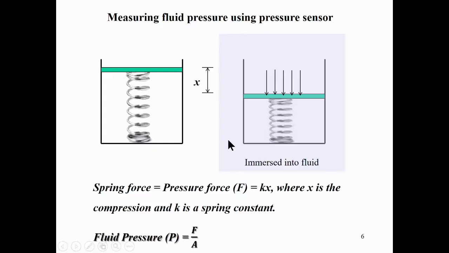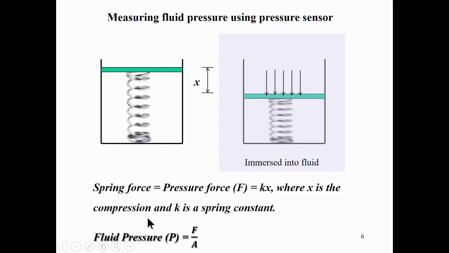Here's an example of a mechanical pressure measuring device. It's basically a spring connected to a movable piston. When you apply some force, it produces some compression. Just by measuring this compression, let's say X, you can easily measure the pressure exerted by that force.